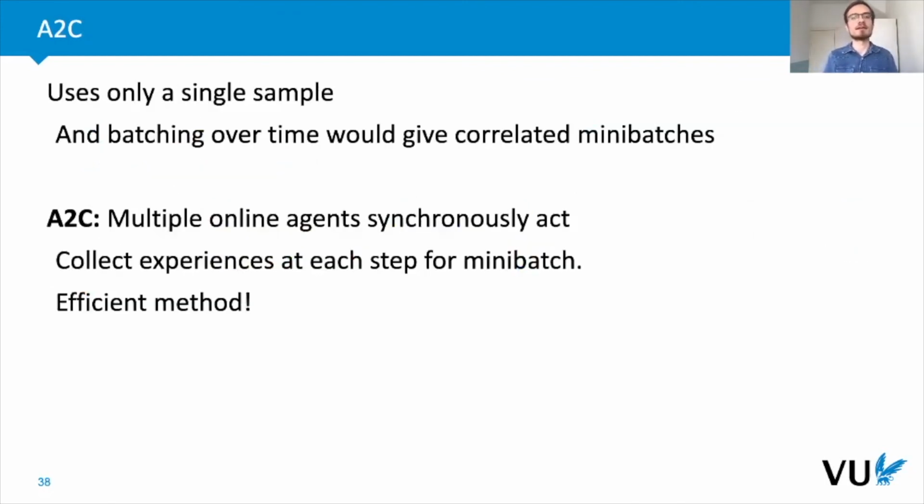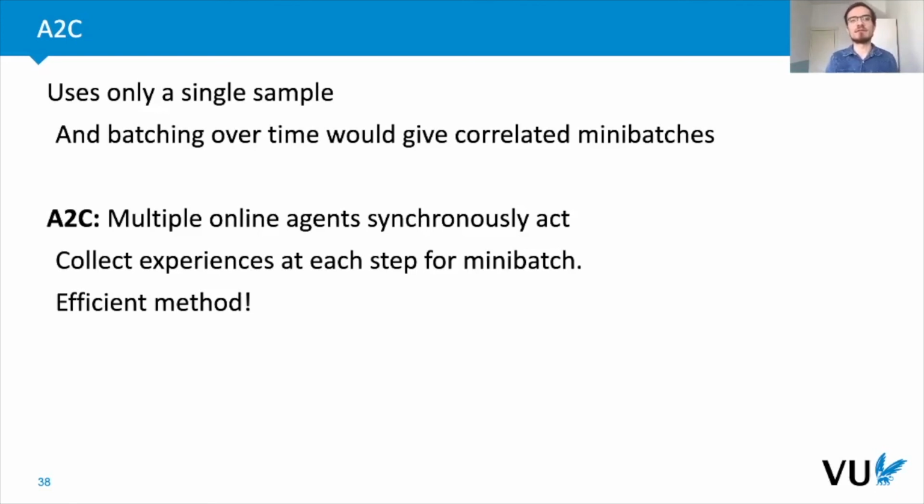So right now, this is of course a pretty poor algorithm, because all the algorithms I introduced are pretty poor without many tricks behind them. In this case, we only use a single sample to estimate both the critic and the actor. And usually we would really want to batch up things. However, if we just take multiple time steps and collect data over multiple time steps, then we get correlated mini batches.